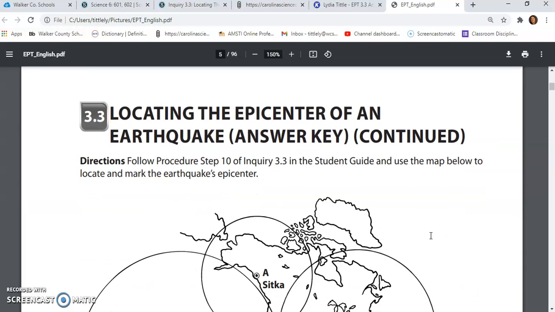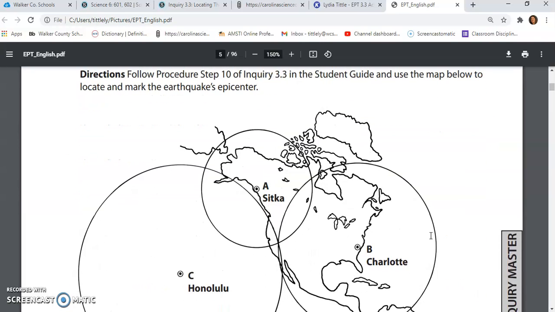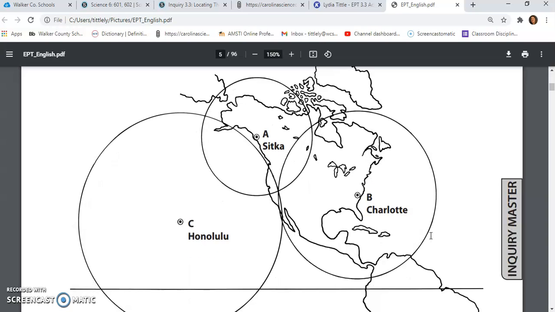Okay, if we scroll on down, the students in the class are going to be using a special type of compass to help them draw the circles here. But I just wanted to show those of you that are doing the lesson virtually what your map would look like. Okay, here we have Sitka, Alaska, which was Station A. And using our compass, we would have drawn a circle that is 2,500 kilometers from the epicenter.